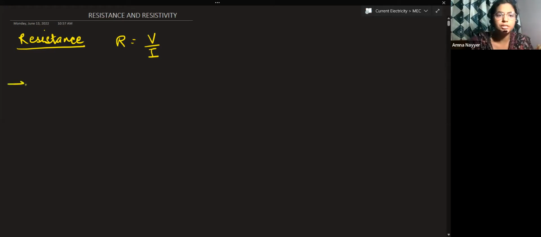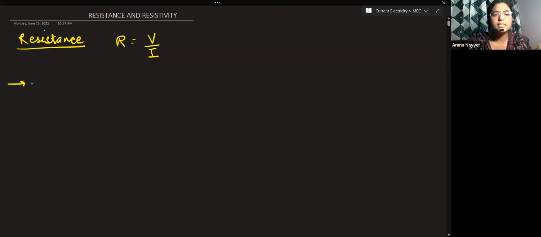Just as frictional forces oppose motion, and you must have studied in 11th that viscosity also opposes motion in fluids, similarly you have resistance for the motion of charges. When the motion of charges gets opposed, that phenomenon is known as resistance. It is a physical quantity given by the ratio of voltage and current.